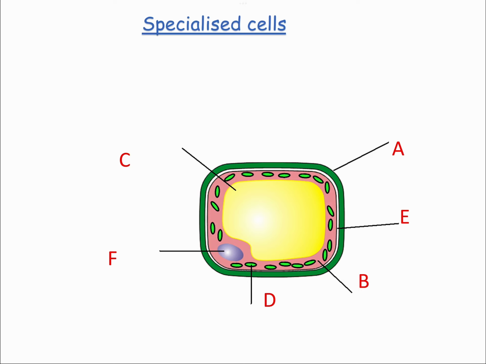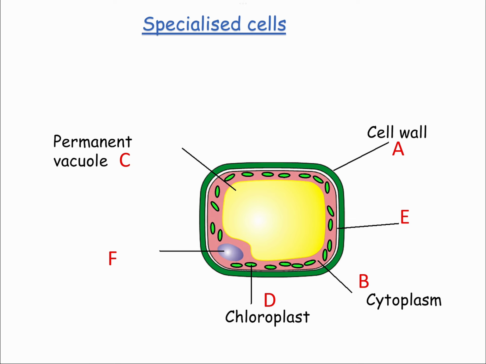So I'll be looking at a few of them. And our first one is kind of a quiz for you, so you can pause the video and see if you can label this diagram before I do. All right, so now let's have a go at labeling sections A to F. Section A is the cell wall, B is the cytoplasm, C is the permanent vacuole, D the chloroplast.